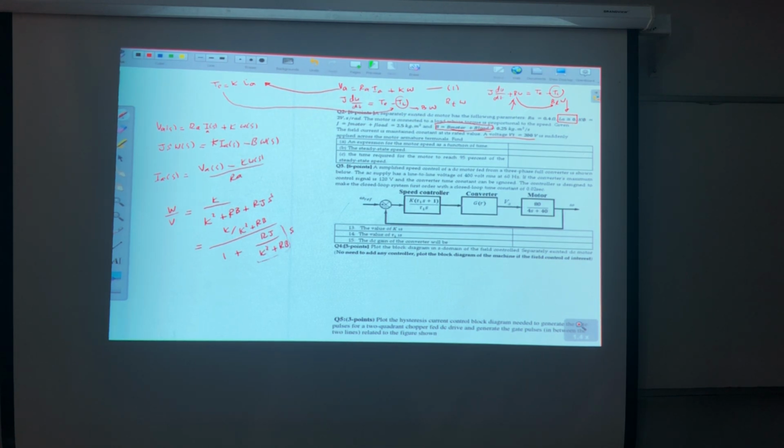So this would be the time constant. And here V is given to be 20.